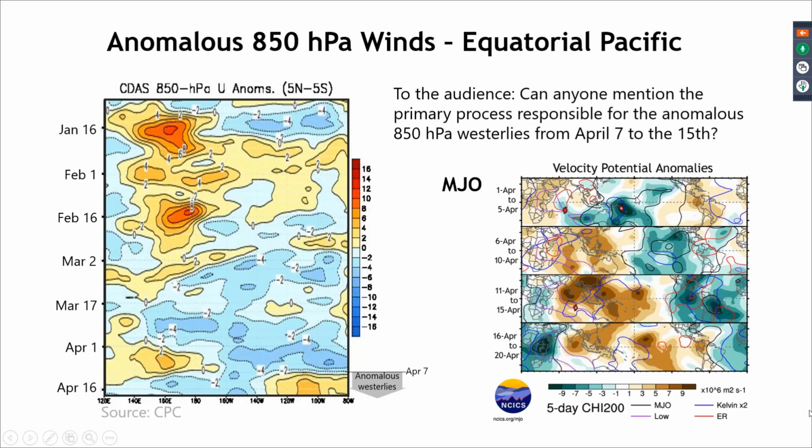We had a strong MJO pulse across the Americas during this period of time, between April 7 and April 16, and you can see this on the right. These are velocity potential anomalies at 200 hectopascals in the upper troposphere, and wherever you have green, you have basically an environment favorable for more rain because you have more vertical motion, more ascent and more upper divergence, and that also induces the westerlies.